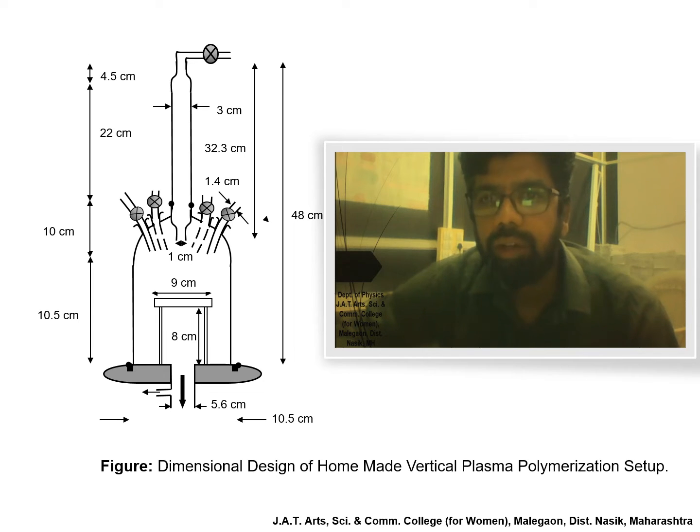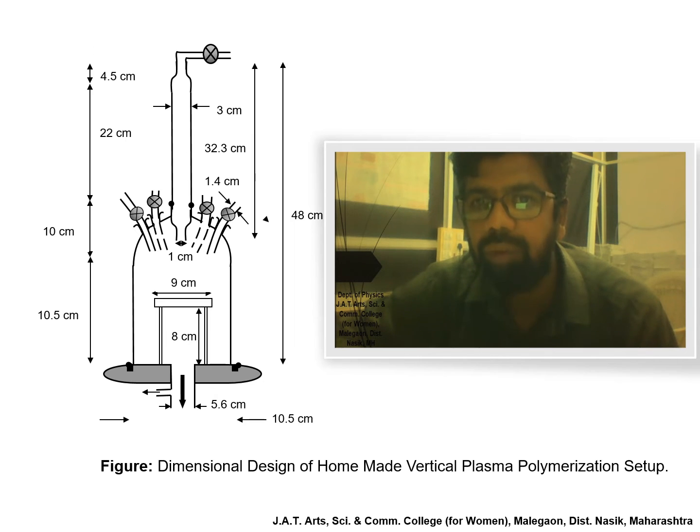In the fabrication part, the most important thing is the dimension of each and every part of the reactor as well as the plasma tube. So here the dimension design of the homemade vertical plasma polymerization setup is as shown in the figure. In this, the prism table, the substrate holder, is 8 centimeter and the reactor size is 10.5 centimeter, the length of the plasma tube is 22 centimeter and the diameter of the plasma tube is 3 centimeter, and the gas flow part is 4.5 centimeter.